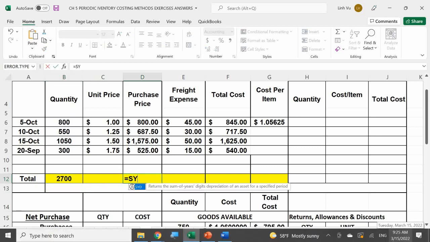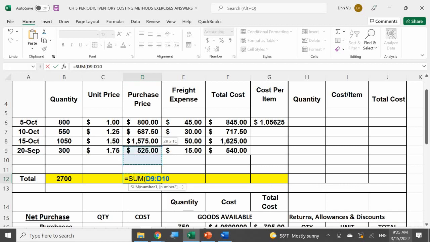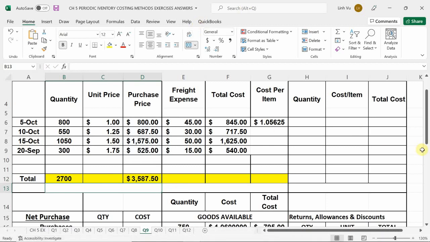What's my total purchase price? $3,587.50. 3,587.50. What's my total freight?